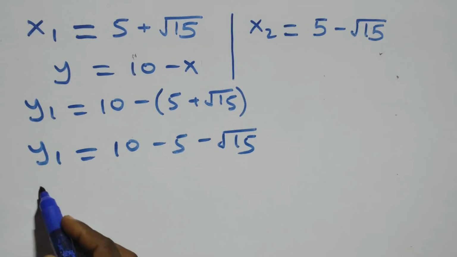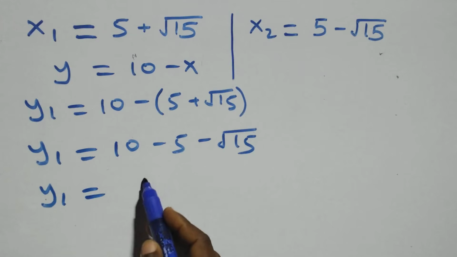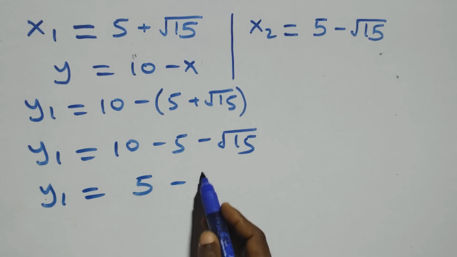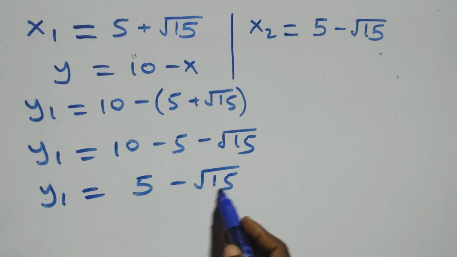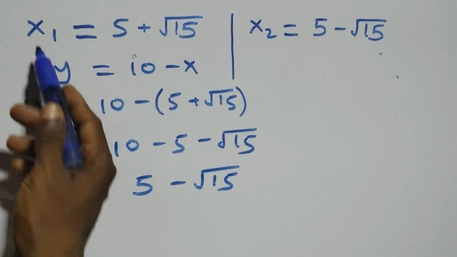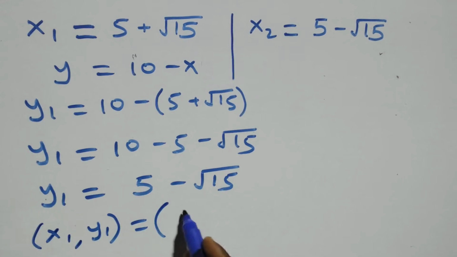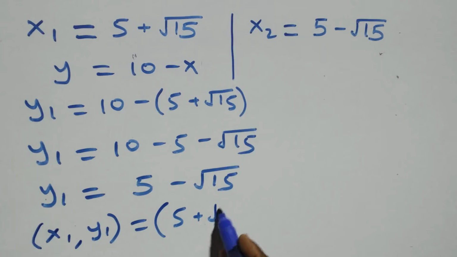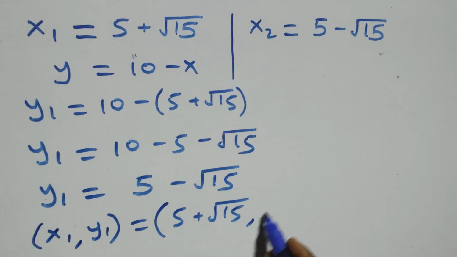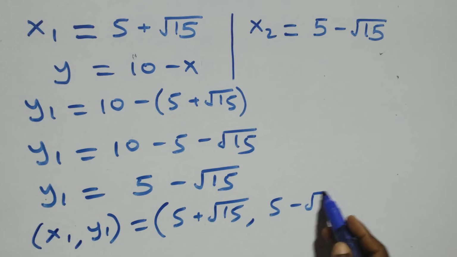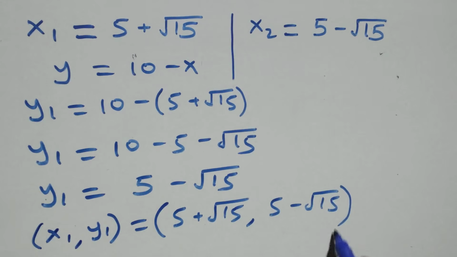That is, y1 equals 10 minus 5, that's 5, then minus root 15. Here we have x1, y1. When we write it out, x1, y1 is the same thing as 5 plus root 15, comma 5 minus root 15.